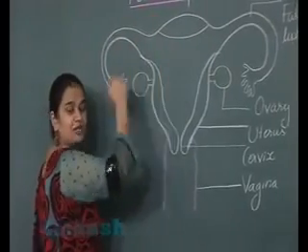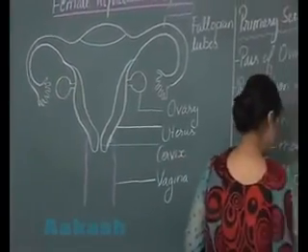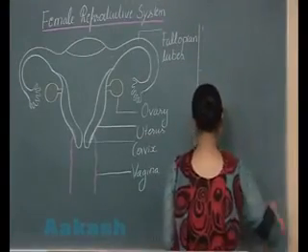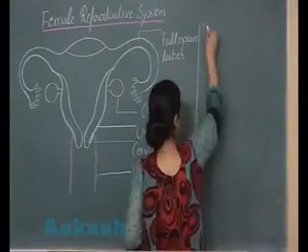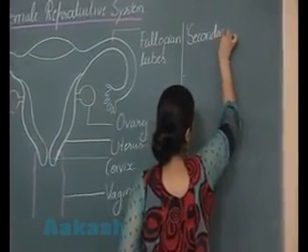So let's write the function of the fallopian tube. After the primary sex organs, now the secondary ones.